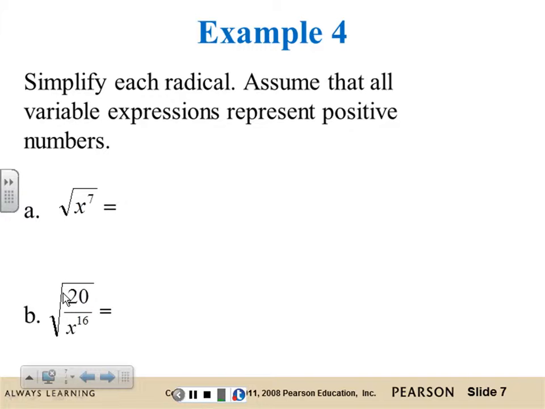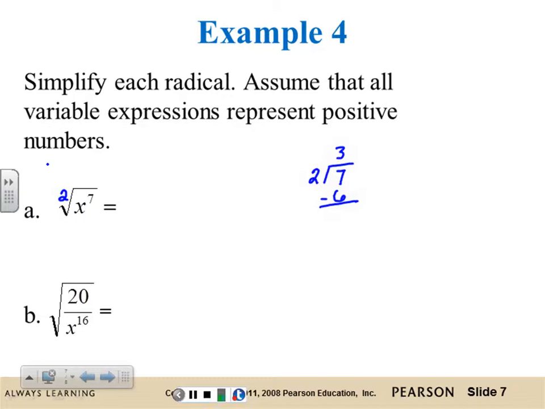But remember what we were talking about. If my index is 2 and I have variables, what I'm going to do is divide 7 by 2. Let's go back and do elementary algebra. 2 will go into 7 3 times. Multiply around and we get 6.